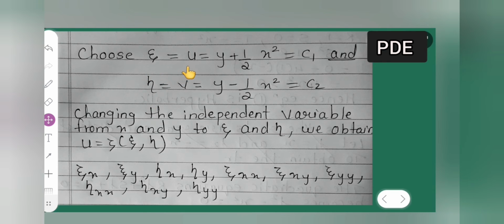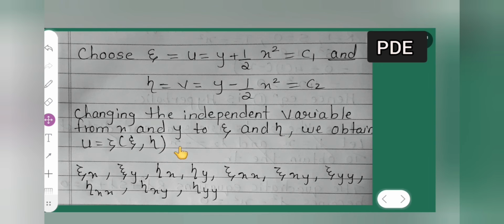What is xi? Xi is nothing but u is equal to y plus 1 upon 2 x square is equal to c1, and eta is equal to v is equal to y minus 1 upon 2 into x square is equal to c2. If I change the independent variables from x and y to xi and eta, we are going to form new coordinates.